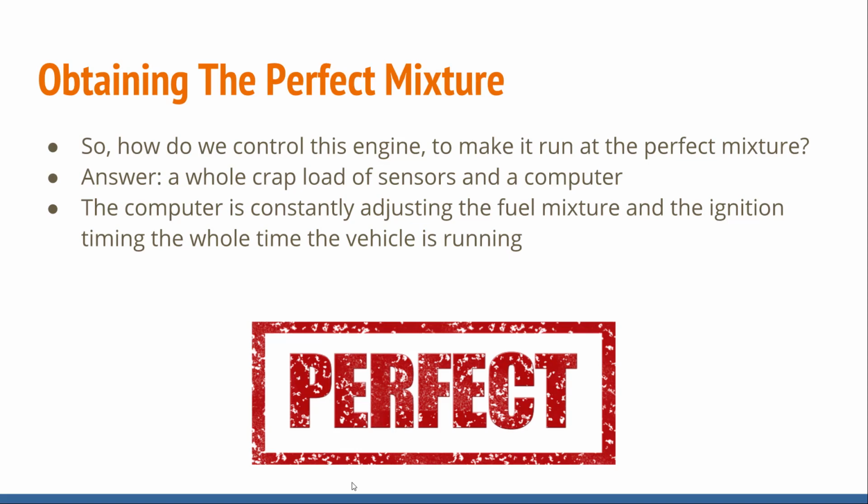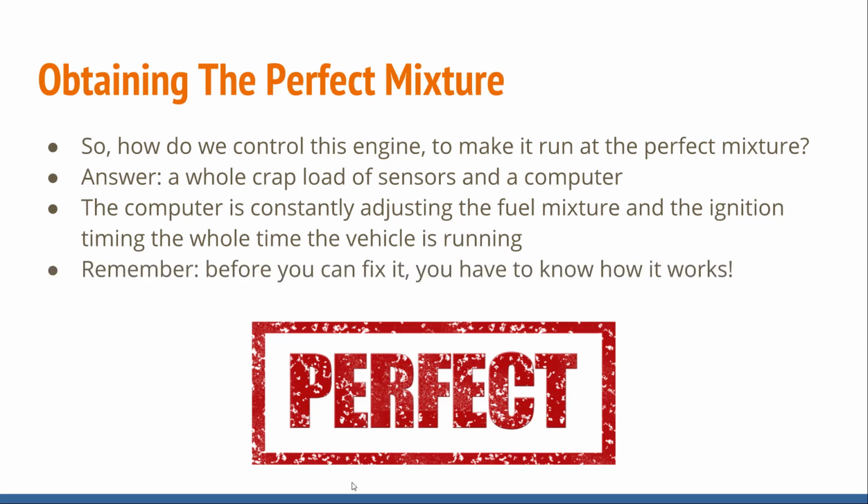So the whole time you're driving your vehicle, it's constantly calculating and manipulating the fuel curve and the ignition timing curve to obtain this perfect mixture. It's really amazing to think how far we've come, and we take it for granted. You're driving your car around and the thing's constantly adjusting itself to make it run perfectly. So it is kind of cool. I always think so.